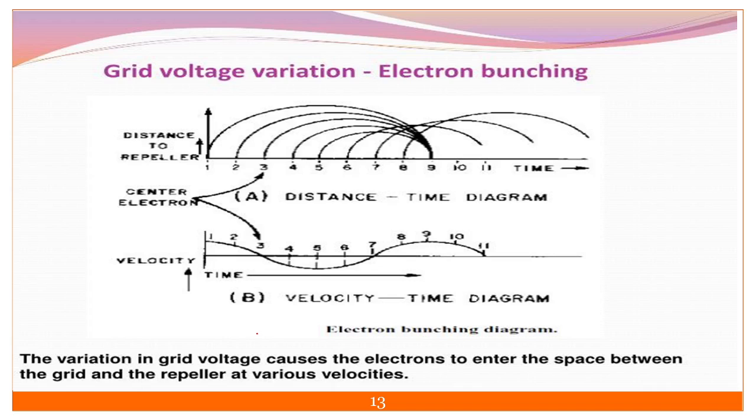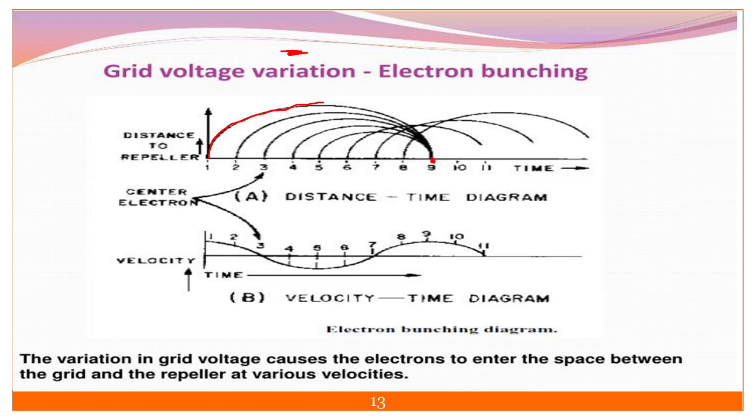So what will happen in this case? Suppose these are the electrons 1, 2, 3, 4, like this many electrons are there. This is the repeller space. The electron is going like this, and it is decelerated by the repeller space, and bunched at this point.